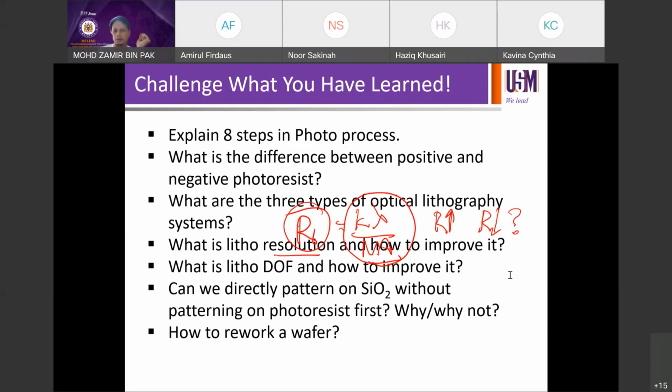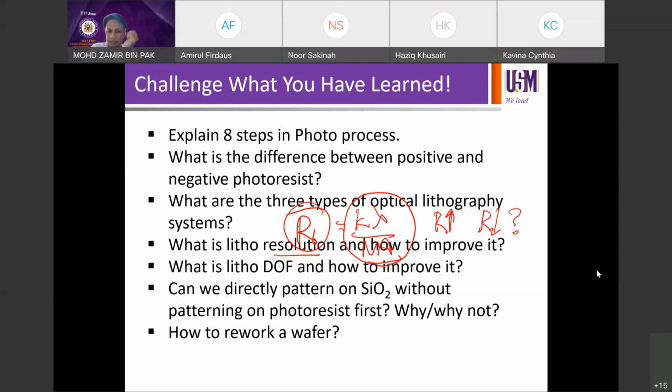But in this context, we are talking about the minimum feature size that can be printed. So we are targeting a lower R. Lower R means you want to print a smaller CD, smaller line width, a smaller technology node. So that is what is meant by resolution in this case.